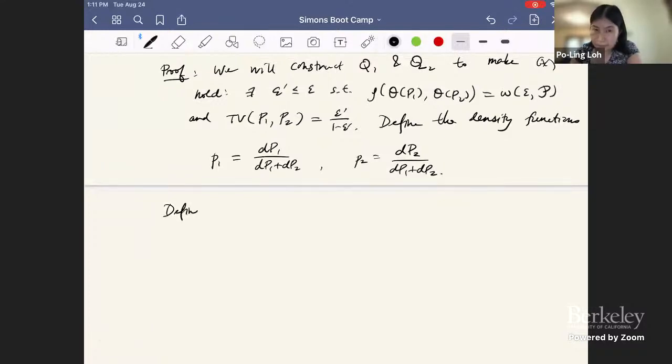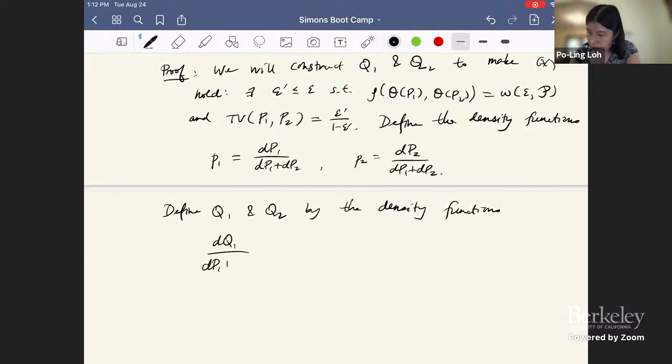And then define Q1 and Q2 by the density functions: dQ1 over dP1 plus dP2 is equal to little p2 minus little p1, indicator that p2 is bigger than or equal to p1, divided by the total variation distance between P1 and P2.